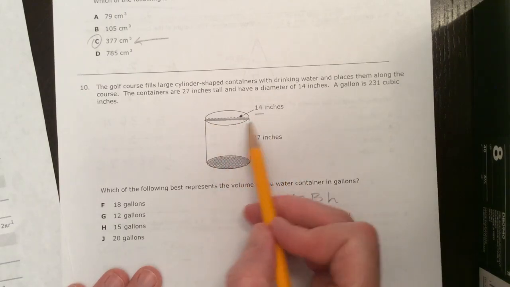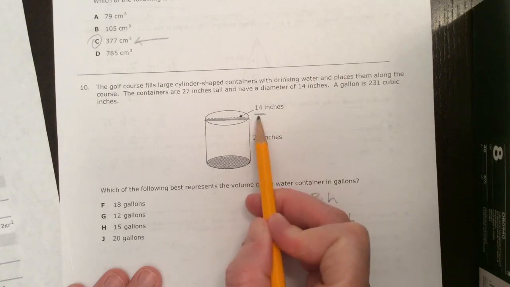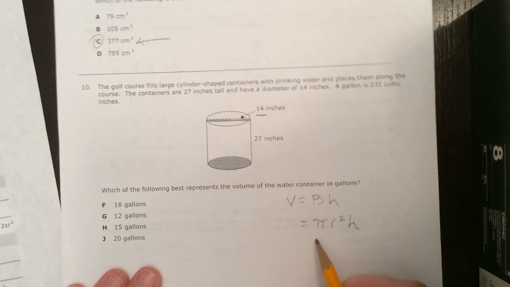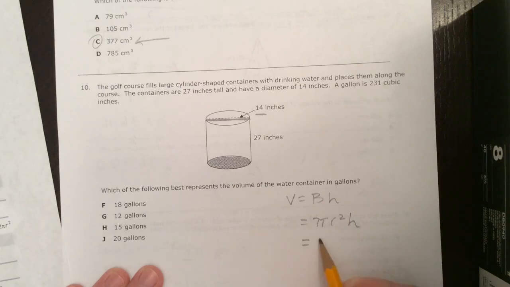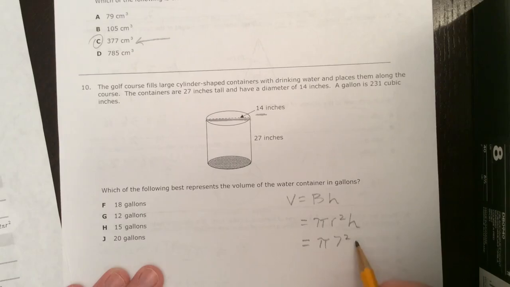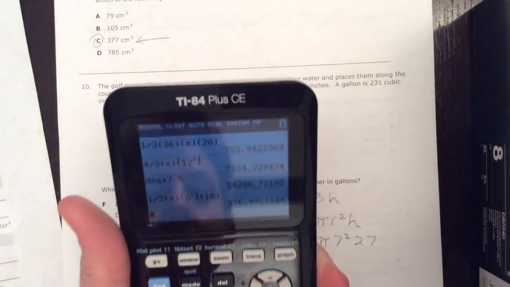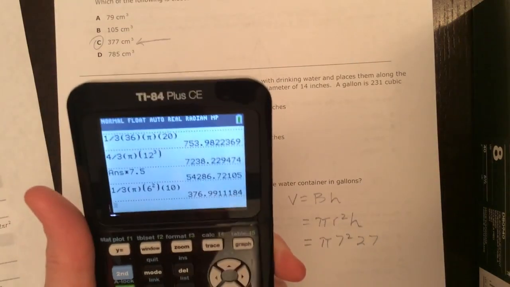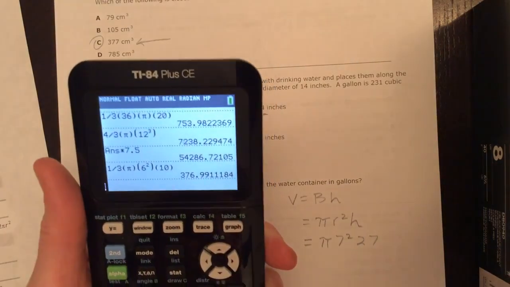Very good. I probably threw you off because I was underlining it. Okay? Don't let me trick anybody. The radius is going to be 7 because it's half the diameter. The height is 27. Let's put that in the calculator. 49. Yep, 7 squared is 49.